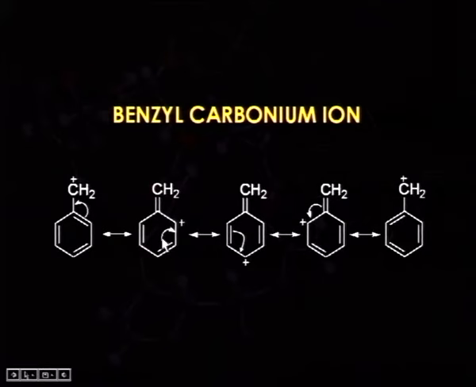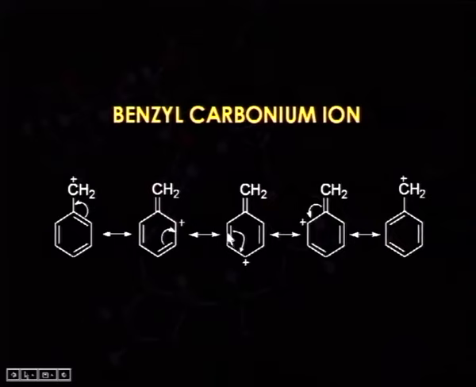Here, due to the presence of the plus charge, again it will attract the neighboring loosely bound pi electrons. It is very important to note that it is the electrons which move, not the positive charge. So, these pi electrons will move from here to here and a new pi bond is formed. Due to movement of these electrons, this carbon will face electron deficiency and hence a new positive charge is generated.